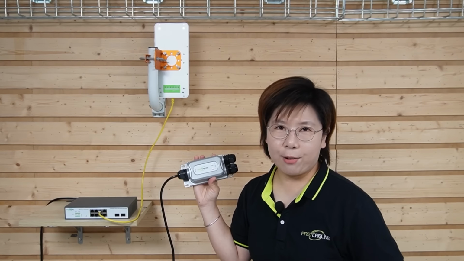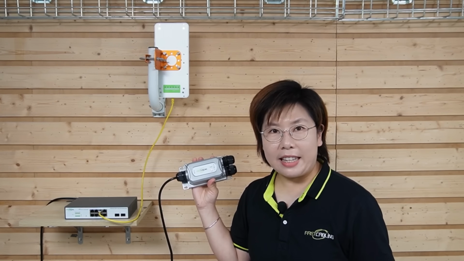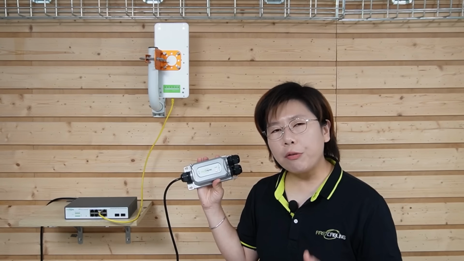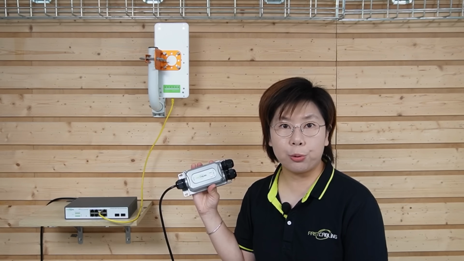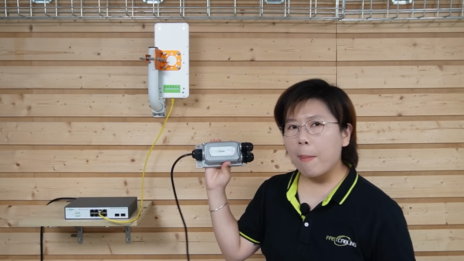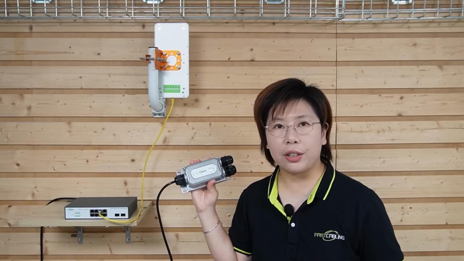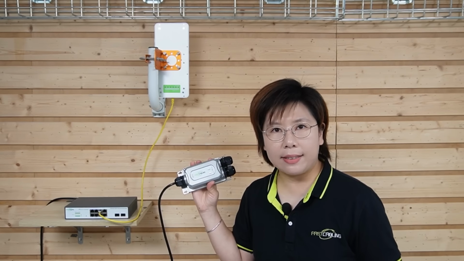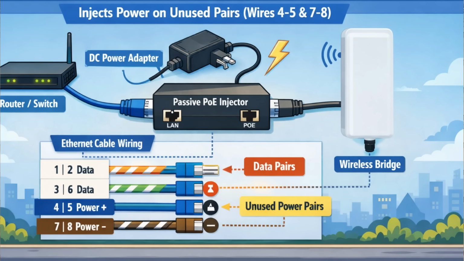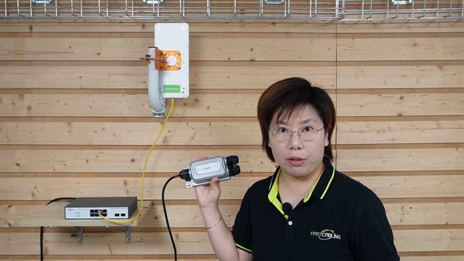And here's the technical magic. In a standard Ethernet cable, data usually flows on pairs 1 to 2 and 3 to 6. A passive PoE injector simply injects DC power onto the unused pairs. That's wires 4 to 5 and 7 to 8. It's a direct electrical connection.